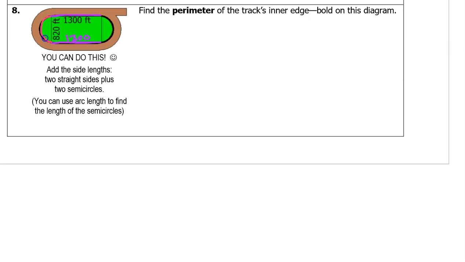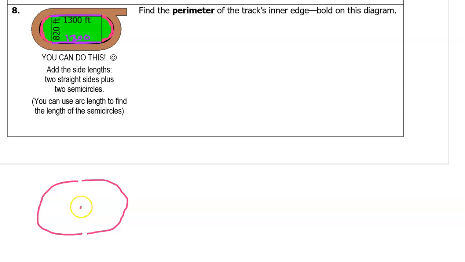All right, we don't know this portion that I just colored in red, and we don't know this portion over here. Well, these two red portions are both semicircles. If you took the portion from the left and the portion from the right and you stuck them next to each other, you would have a circle. So just keep that in mind.